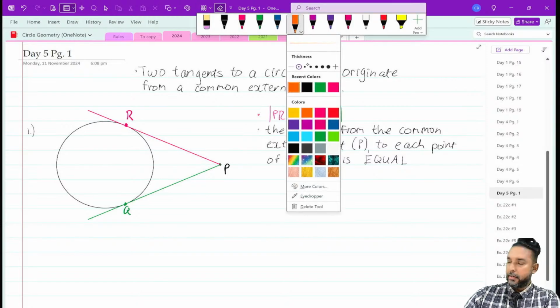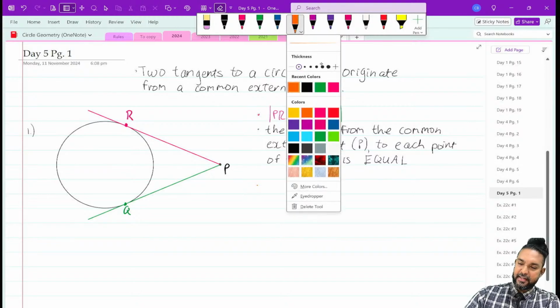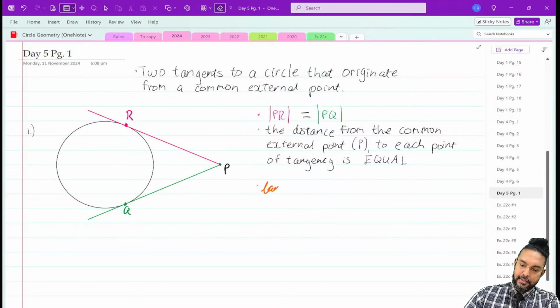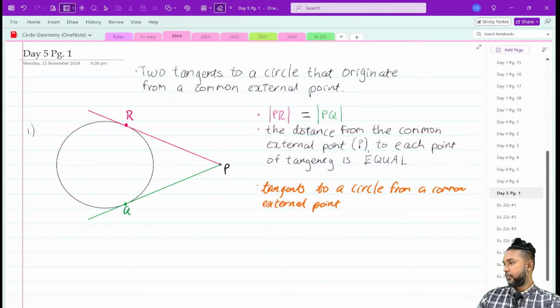All right. And oops, yeah, if you want, you could even say, I wonder if I could put that in a slightly heavier way, boy. Right. Could say that tangents to a circle from a common external point are equal in length.